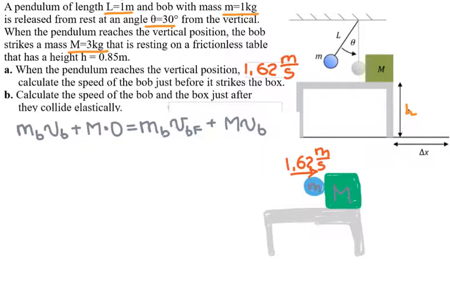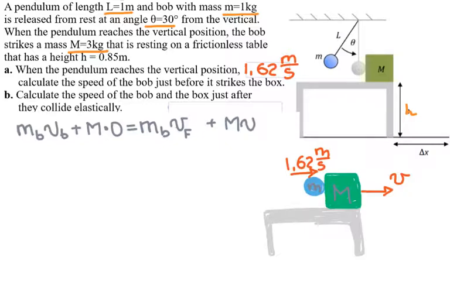Let's just call the velocity of the block after the collision V, and the velocity of the ball final.